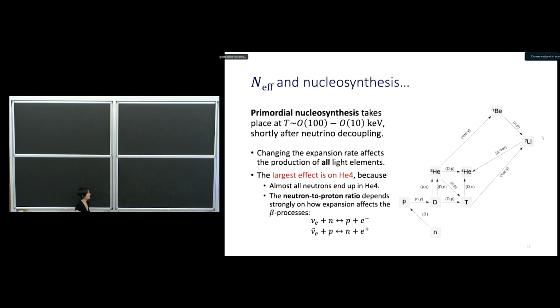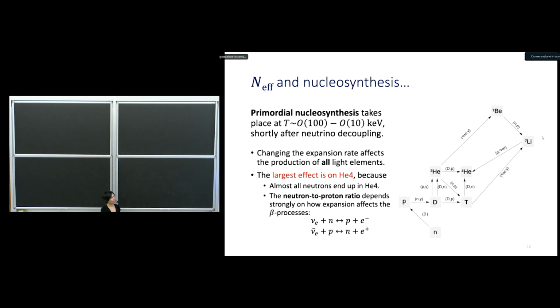Okay? So, first of all, let's just talk about nucleosynthesis. So, nucleosynthesis, as mentioned earlier, is basically a network of nuclear reactions where you start with neutrons and protons, and then once the energy drops down to a low enough point when photons are not breaking up nuclei anymore, then you'll have these nuclear reactions happening. So you combine neutrons together with protons to form a deuterium.